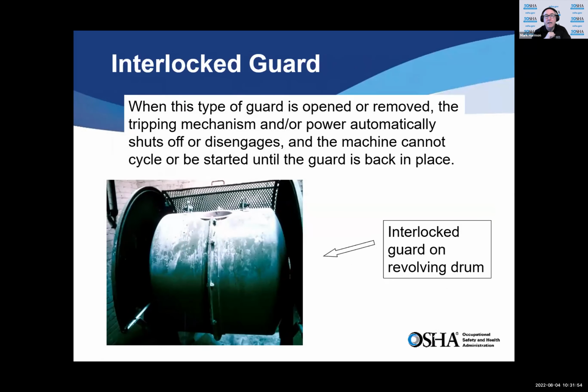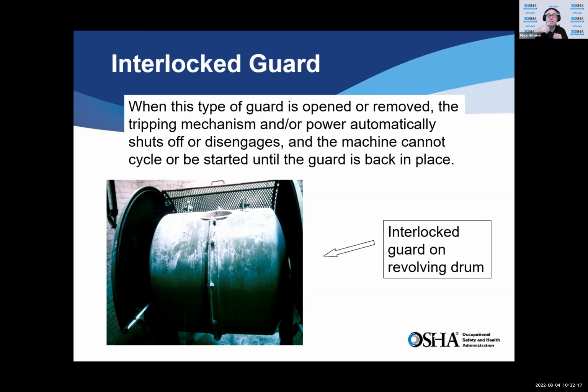A guard that has an interlock, right? Interlocks are good in that when this type of guard is opened or removed, the tripping mechanism and/or power automatically shuts off, disengages, and the machine cannot cycle or be started until the guard is back in place.